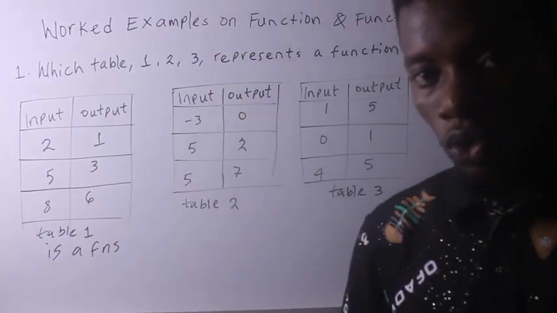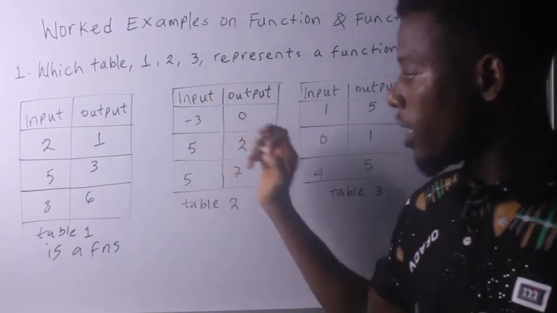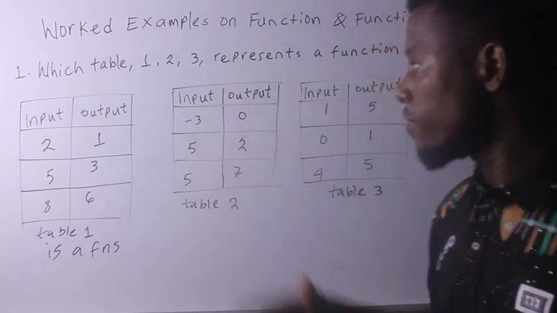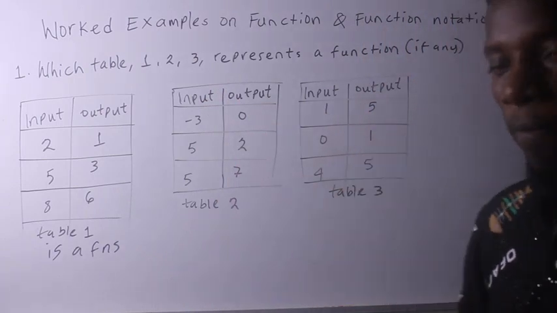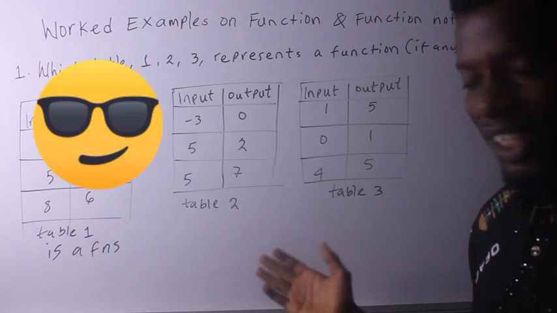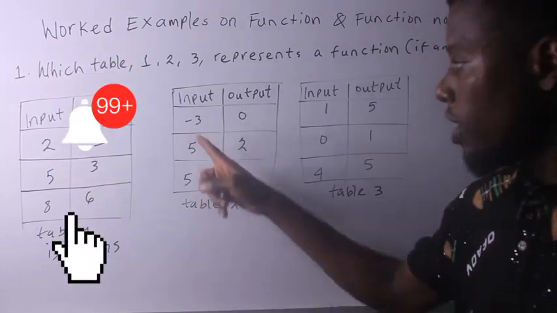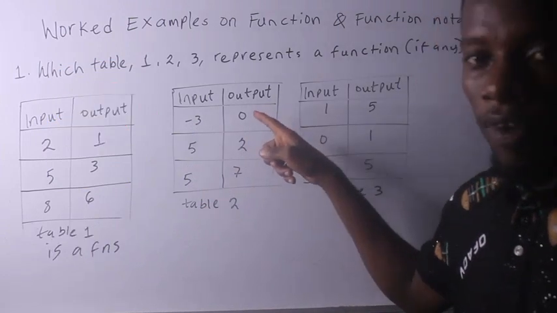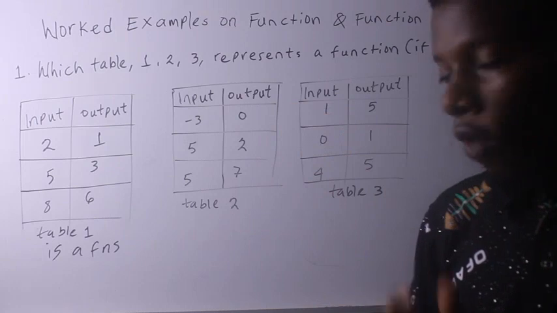Let's move on to table 2. Table 2, we have as input values -3, 5, and 5, and as output values 0, 2, and 7. So is this a function or not? Let's find out. -3 has an output value of 0. 5 has an output value of 2.